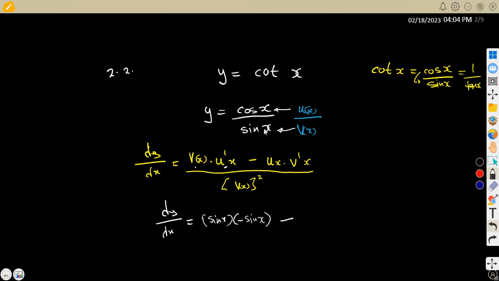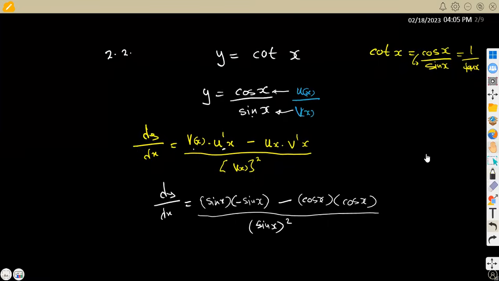Our u is cos of x, so this is cos of x multiplied by the first derivative of v. If you differentiate sine, you obtain cos of x. Everything over v(x) squared, our v(x) being sine of x, so this is sine of x squared.